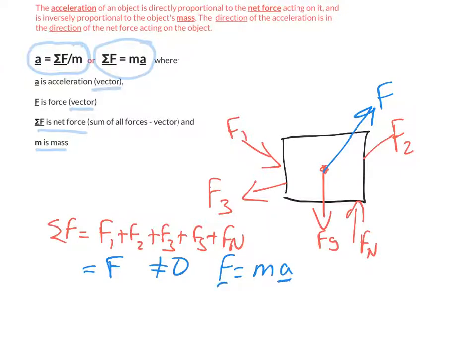And so that's how you would address a second law problem. You would sum all the forces, see if you have a resultant force after you sum them all together. And then if you do, you're under the second law, and you can calculate an acceleration.